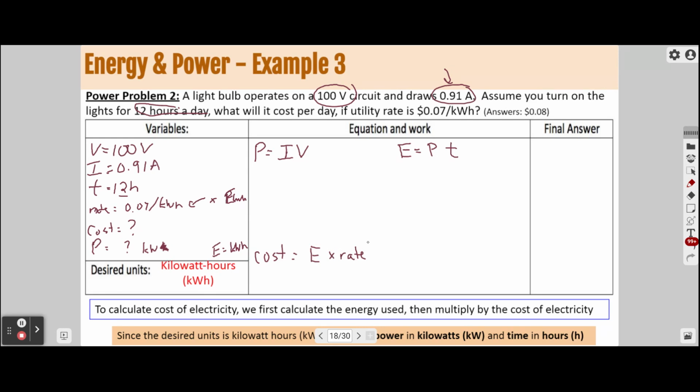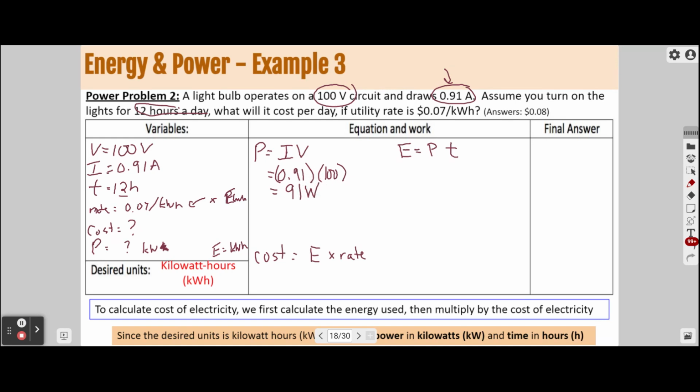All right, so let's start with our power, current times voltage. So we're going to put our current of 0.91 amps in and our voltage of 100 volts. So this will give us a 91. And our units for power are watts.